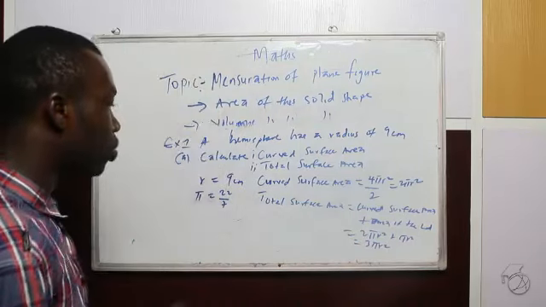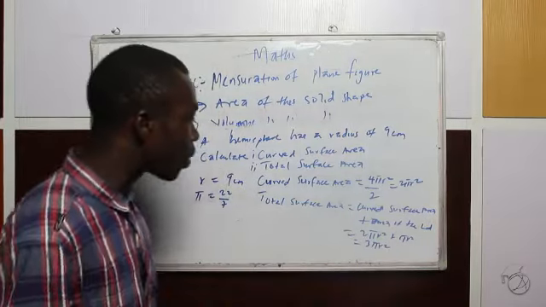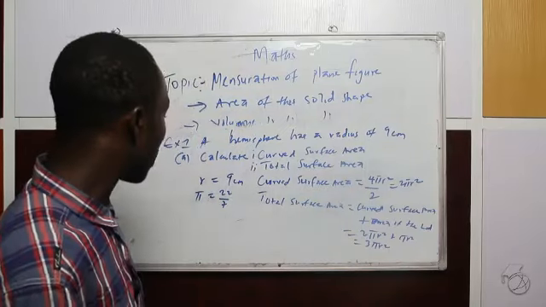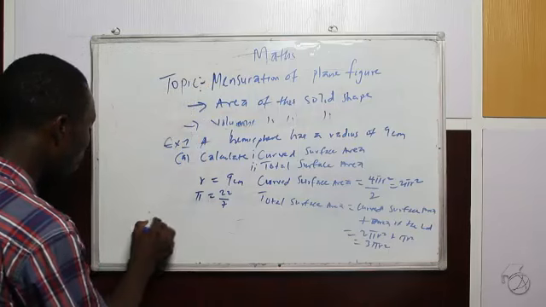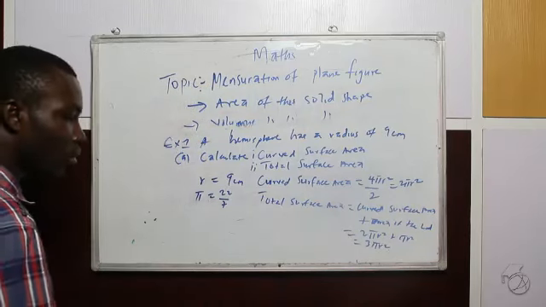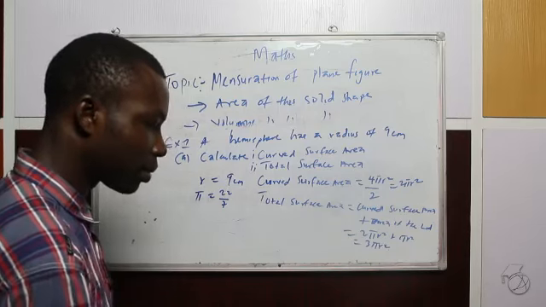So 3 pi r square is the total surface area, while the curved surface area is 2 pi r square.